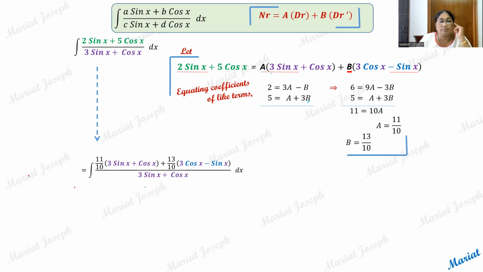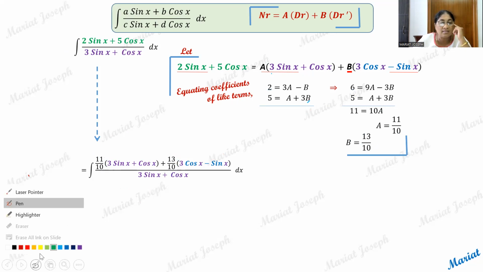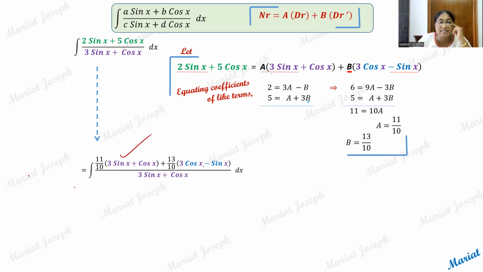One second, children. If you open it now, you can see it's the same thing. Shall we expand it and see? Don't expand, okay? If you expand, you will get back to this step. With great difficulty, we have created it. Don't simplify and reach back. Don't go backward, okay? If you open it, this is what will come.